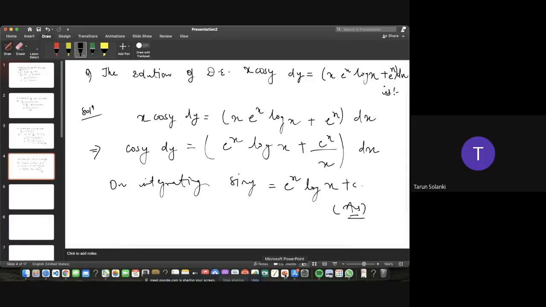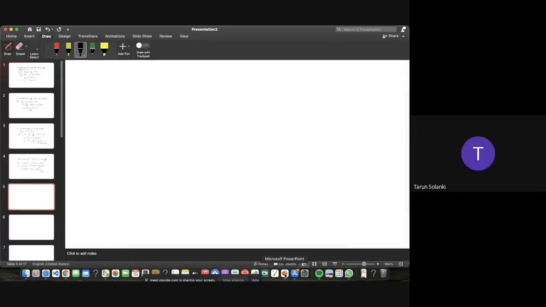Copied. So the second is the differential equation of the form dy by dx is equal to f(x) into g(y).